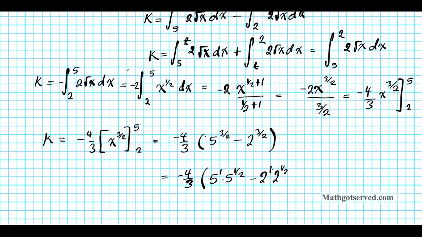Remember, when you multiply exponents with the same base, you add the powers, so when you split them, you can express them separately like this. So finally, we can write this as -4/3 times 5√5 minus 2√2. Okay? So there goes your final result.